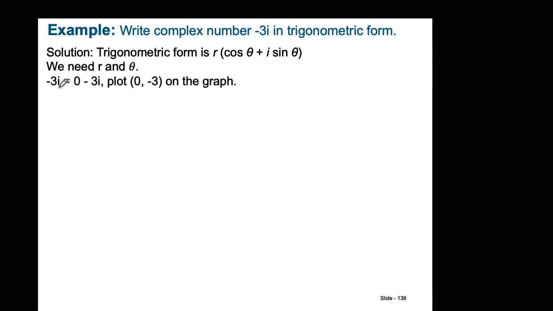Writing it out so that it shows a and b, or x and y, if you will, would look like this. Okay, this is important. Knowing that negative 3i can be written as 0 minus 3i, that's necessary so that we know we can plot the point x equals 0, y equals negative 3 on our graph. So the point 0, negative 3 is right here.